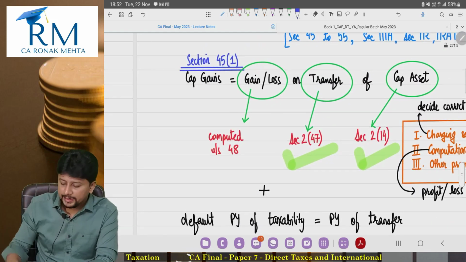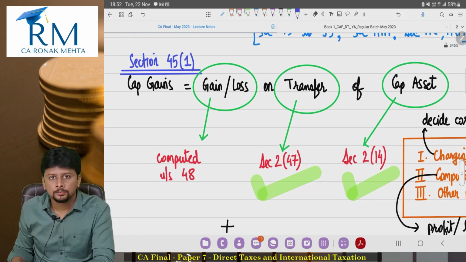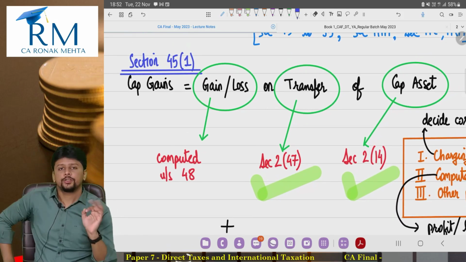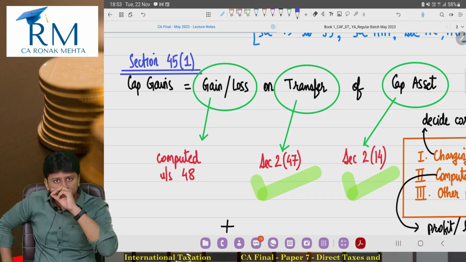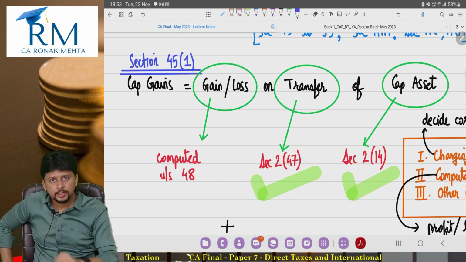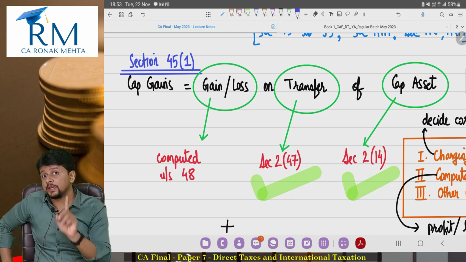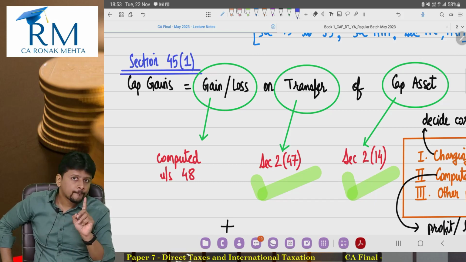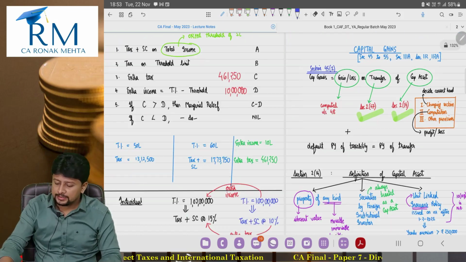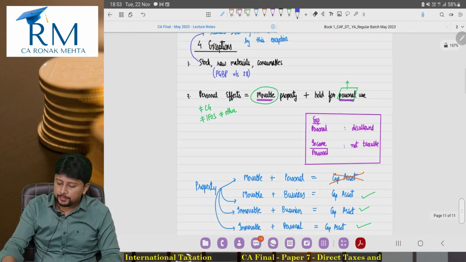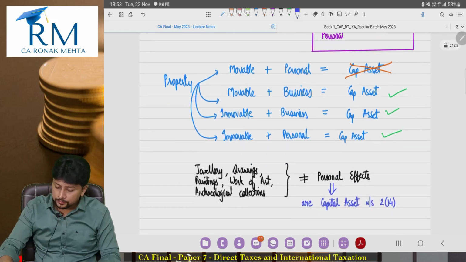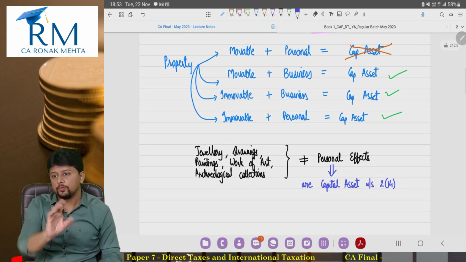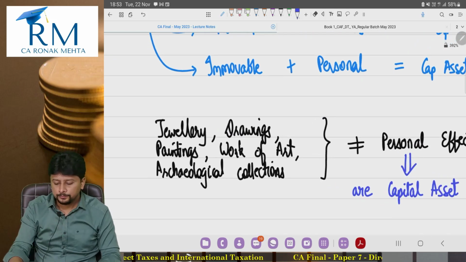If government has to tax the profit, government has to satisfy charging section 45, which says it must be a transfer. Okay, sale is included in transfer and it must be a capital asset. Now in the definition of capital asset, we have just said that personal effects are not a capital asset, and all these items specifically are movable and held for personal use.